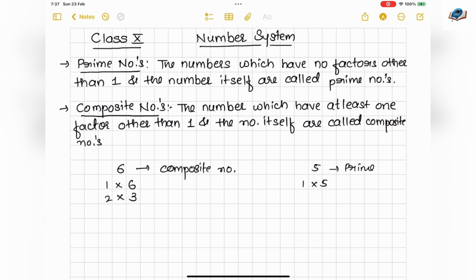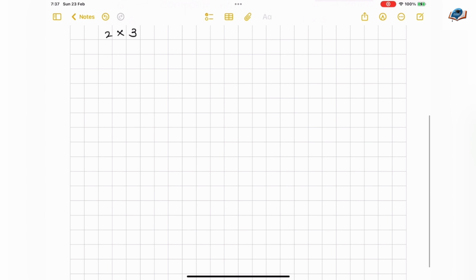Then one more term we will be using, that is co-prime numbers. Co-prime numbers.